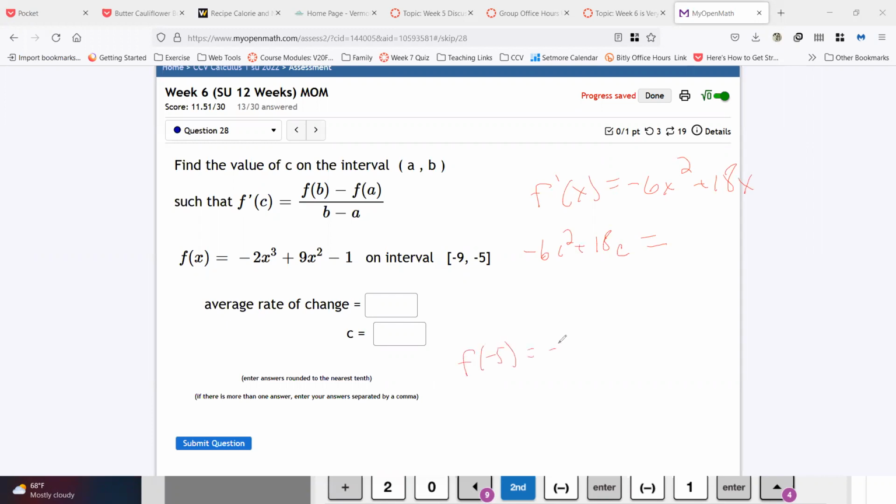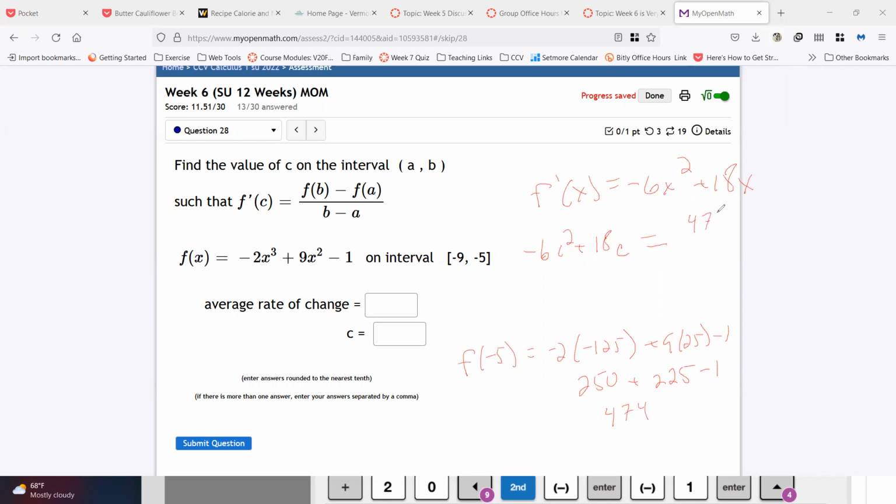That's going to be negative 2 times negative 125 plus 9 times 25 minus 1. That's positive 250 plus 225, minus 1, so that's 475, but we take one, so 474. Hopefully I did that arithmetic right.